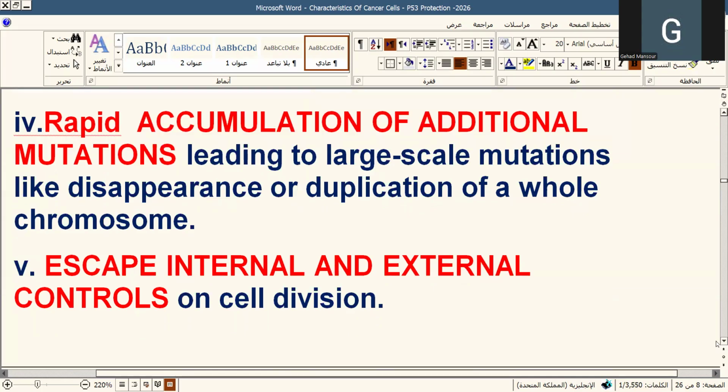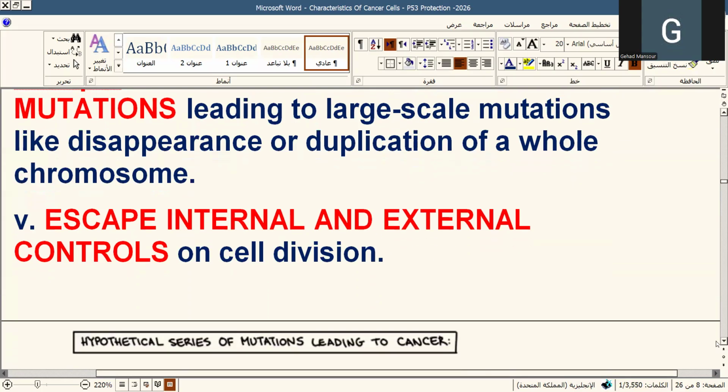It extends beyond the gene and it might become a chromosomal mutation. And above all this, you have the ability of the cancer cell to escape all the regulatory mechanisms coming from the outside of the cell, which is also due to mutation.